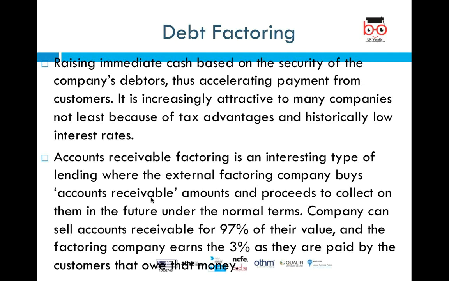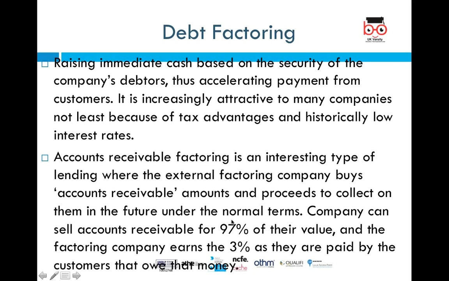Another one is accounts receivable factoring. Companies sell their accounts receivable to an external factoring company, and the factoring company buys that accounts receivable and proceeds to collect that amount in the future, but they pay the money to the original company at a discount.